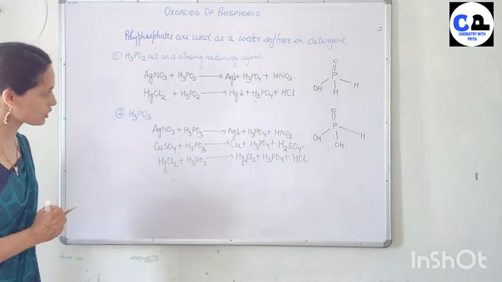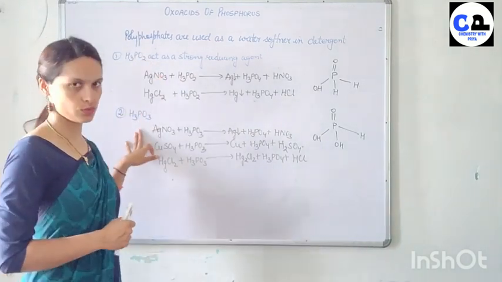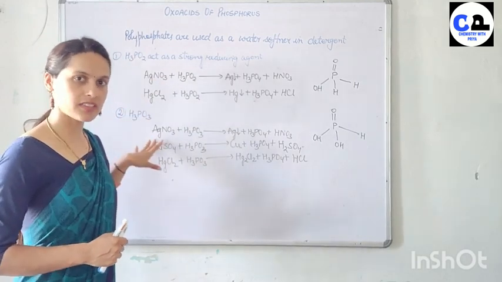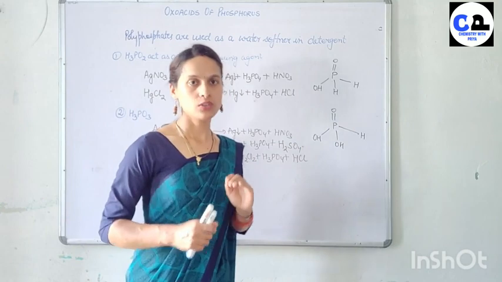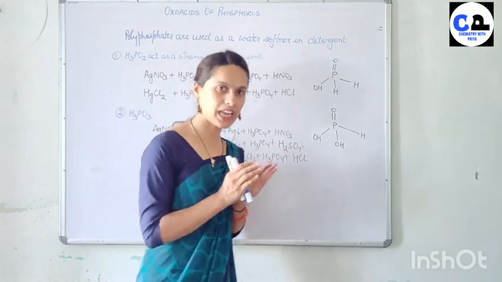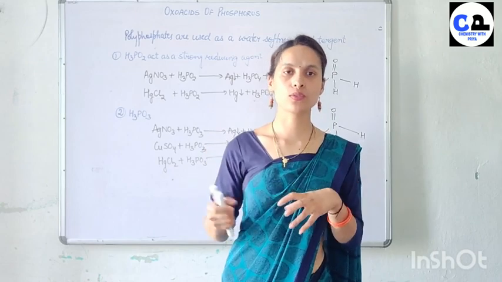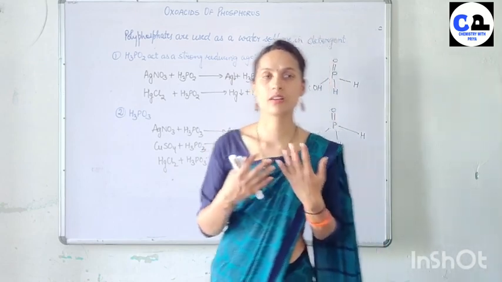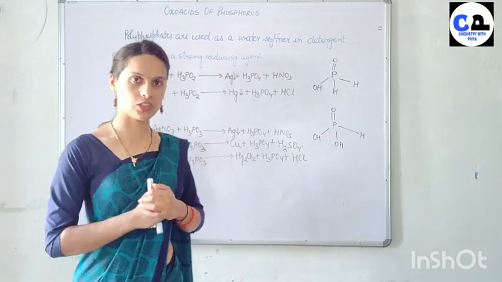So these are the reactions through which we get to know that these two act as reducing agents. And why do these two act as reducing agents? Because of the presence of the P-H group. So if we have a P-H bond in an oxophosphorus acid, then it acts as a reducing agent.